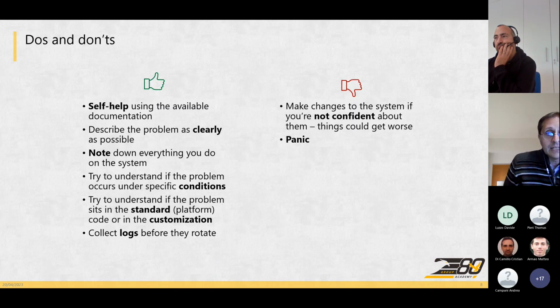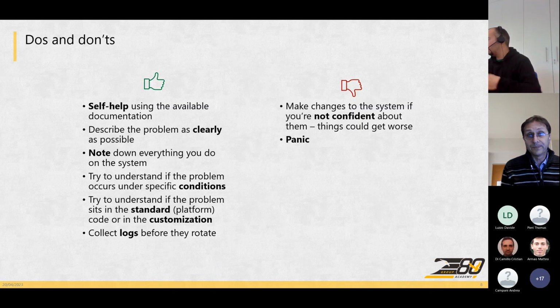Okay, if you contact Smile AT team, try to describe the problem as clearly as possible. Because some little changes in the description could make a big change in understanding the problem. So it's very important to have a clear understanding of what is going wrong. If you apply some steps, like reset the service or restart APIs, try to remember or note down what you do so that later we know what has happened on the system.